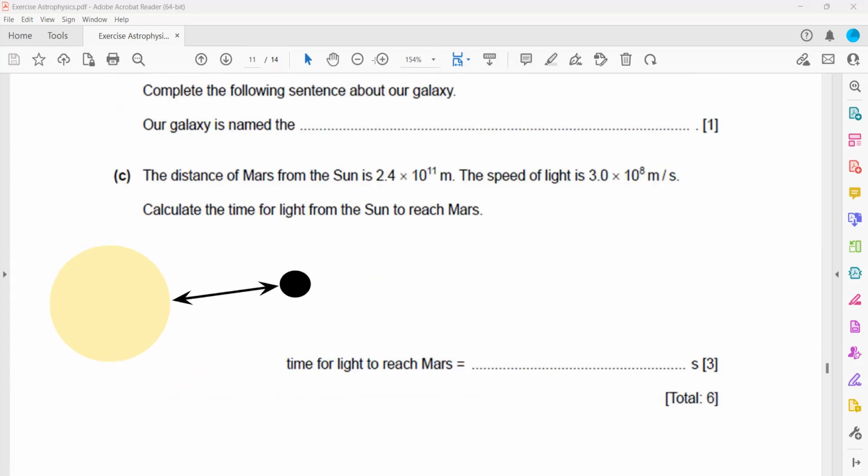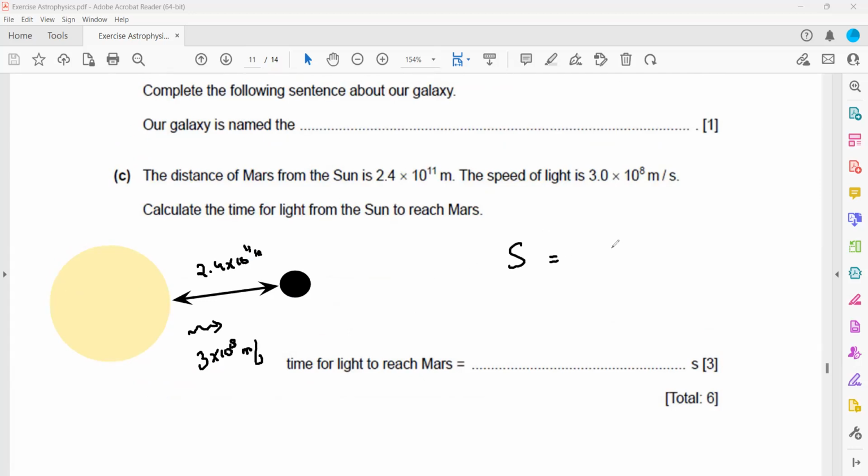If you consider the light emitted from the surface of the sun, the distance is 2.4 into 10 to the power 11 meters. And the speed of light is 300 million meters per second, or 3 exponent 8.